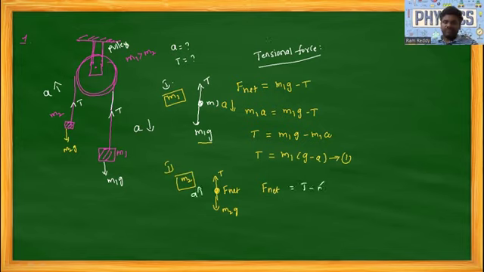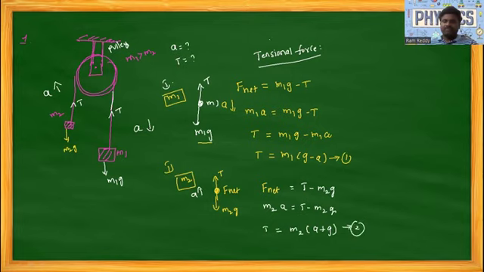F net is T minus M2G, so M2A is equal to T minus M2G. Then the tension T is equal to M2 times (A plus G). Let us call this equation 2.